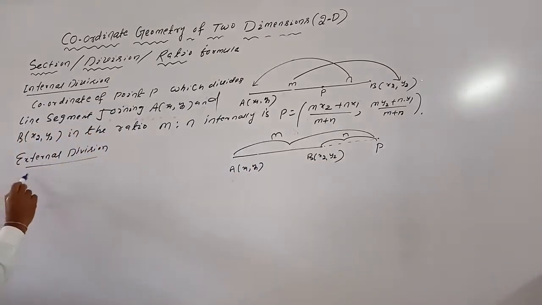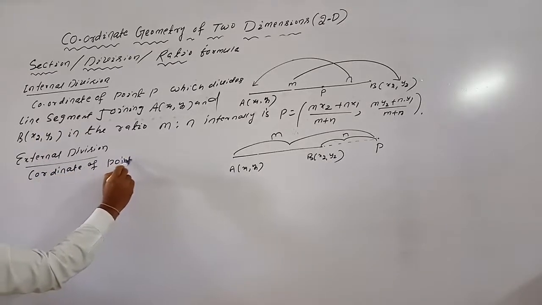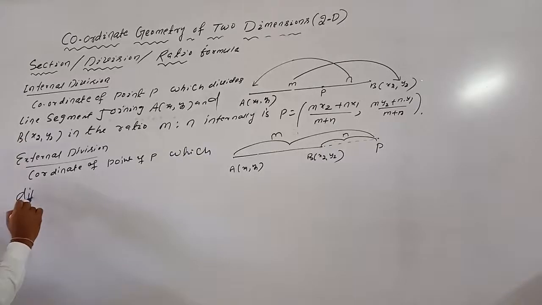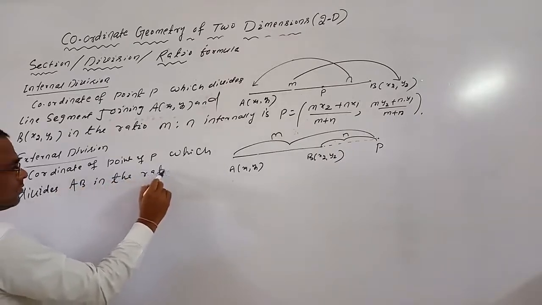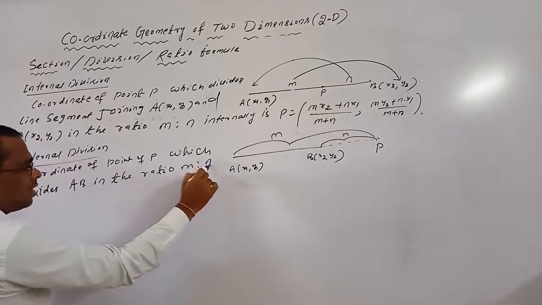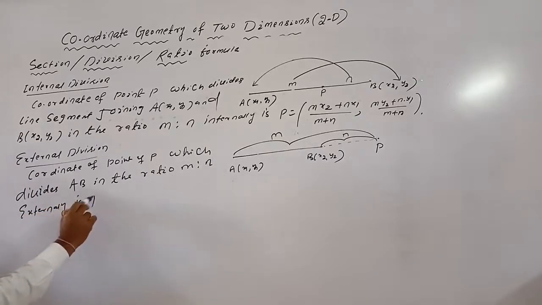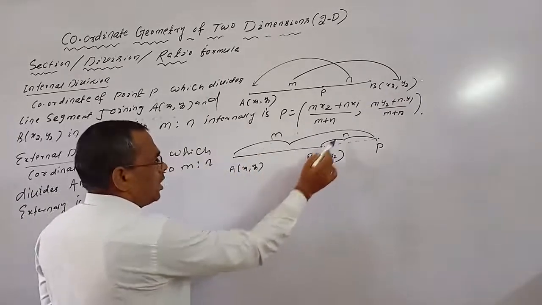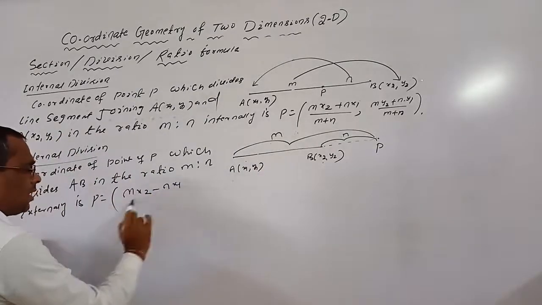Okay, the coordinate of point P which divides AB in the ratio m is to n externally is P equal to mx2 minus nx1 by m minus n.